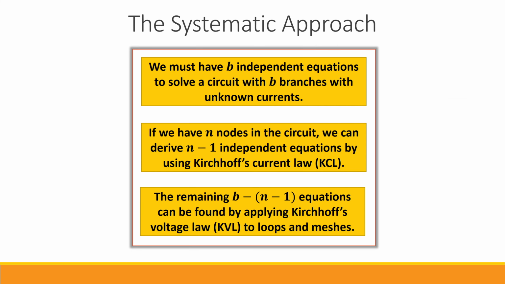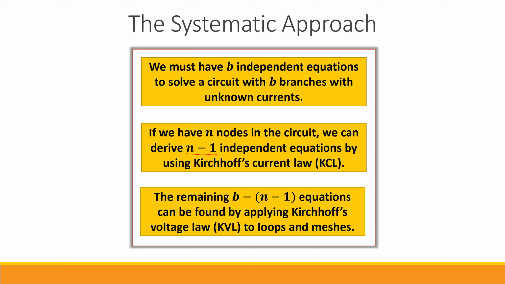So let's just summarize the systematic approach. First of all, we have b independent equations to solve. Why? Because we have b branches with unknown currents in our circuit. Out of these b independent equations that we need, n minus 1 of them are derived by applying KCL to the nodes that we have in the circuit.